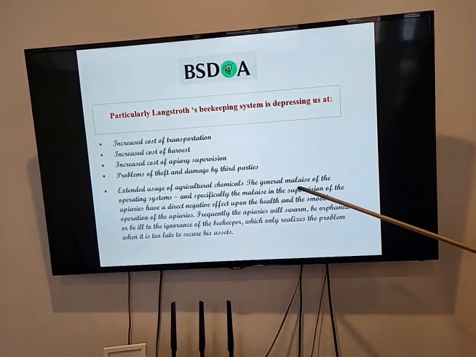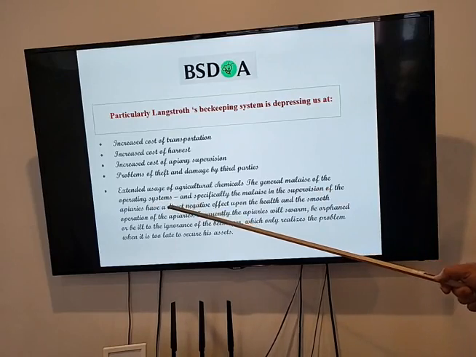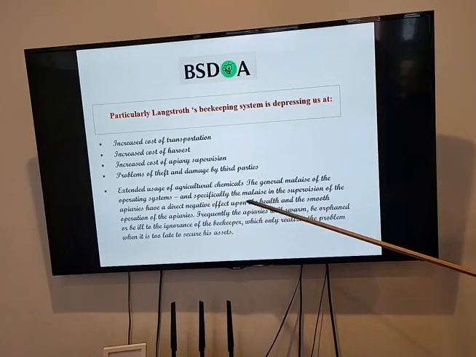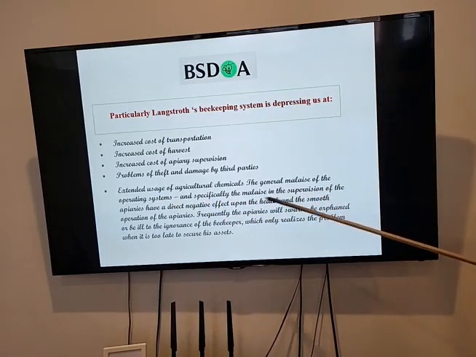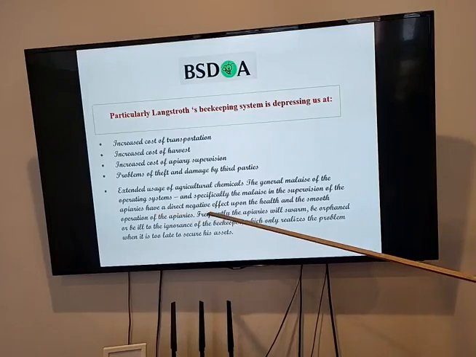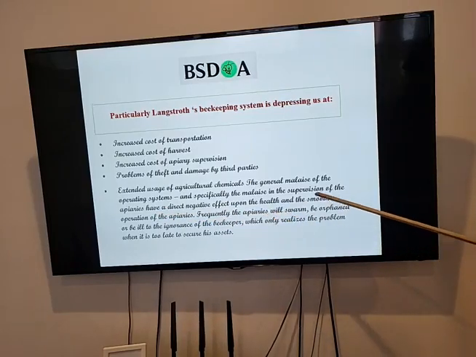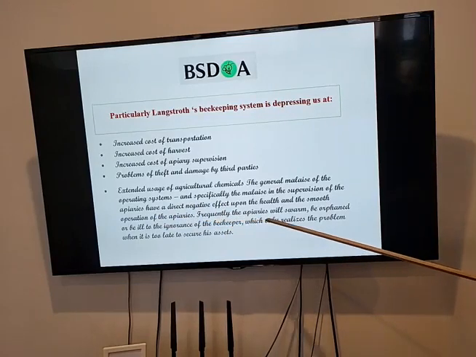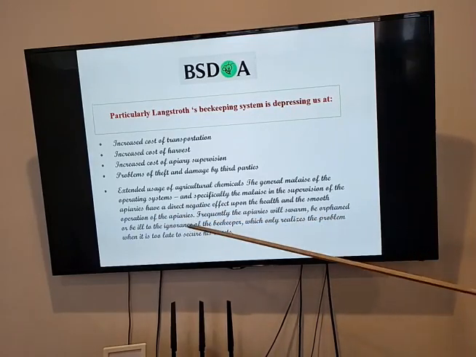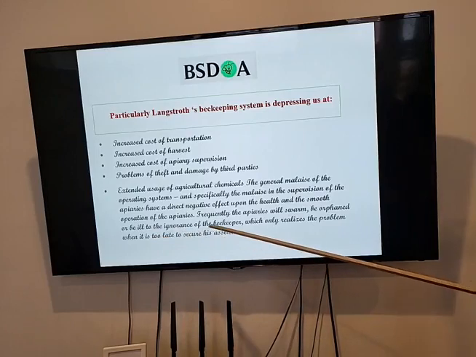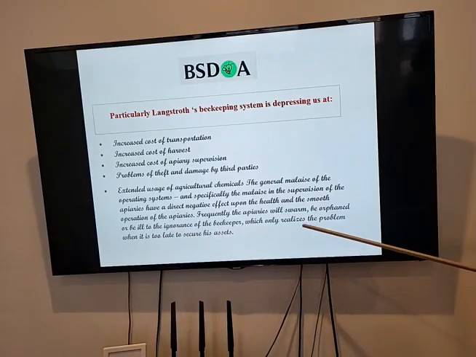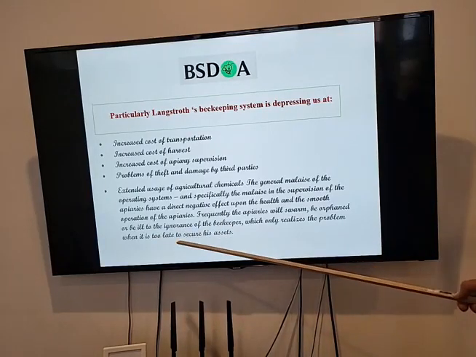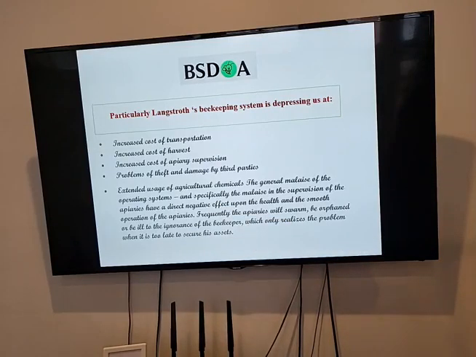The general malaise of the operating systems, and specifically the malaise in the supervision of the apiaries, have a direct negative effect upon the health and the smooth operation of the apiary. Frequently, the apiary will swarm, be orphaned, or be ill without the beekeeper knowing, who only realizes the problem when it is too late to save his assets.